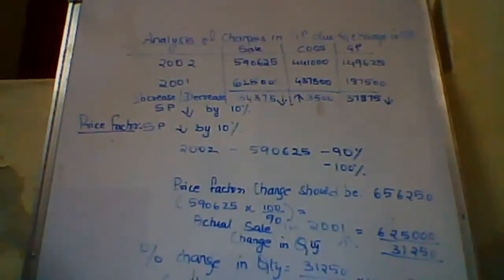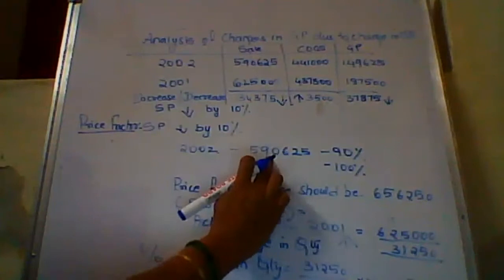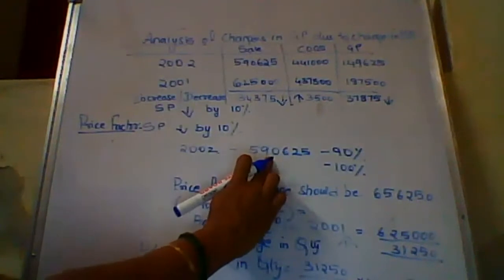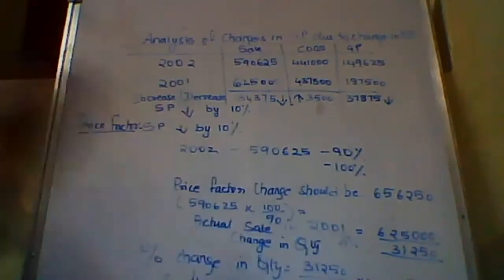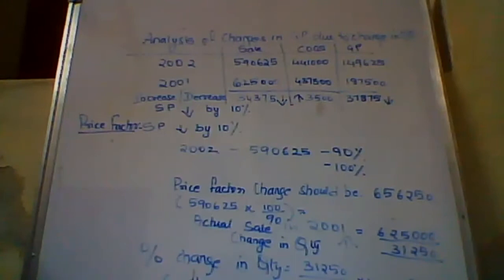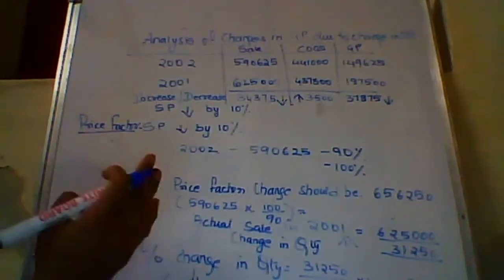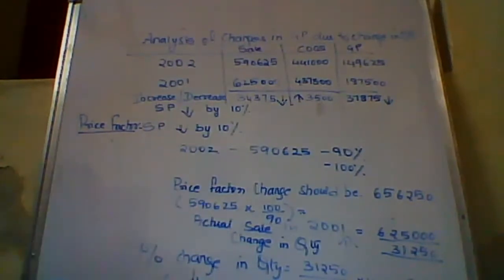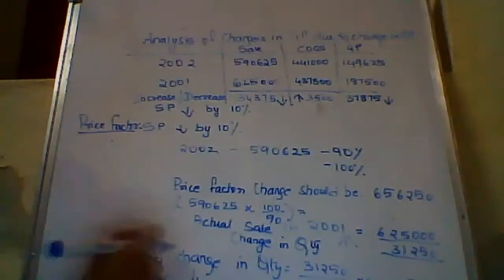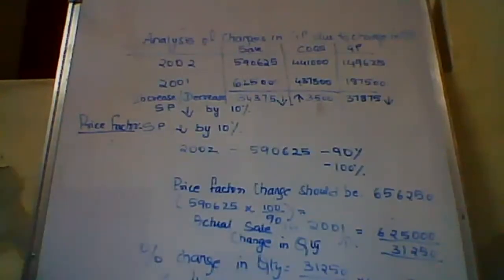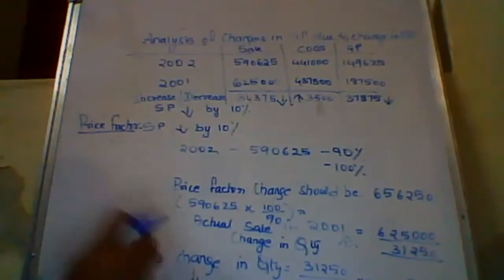If I go back and check, current is 5,90,625. So you will go back and check how much it should have been. You are not supposed to start from previous year. You're supposed to start from current year to go back and analyze what are the differences in the profits.